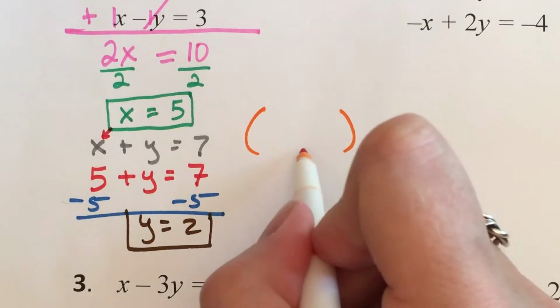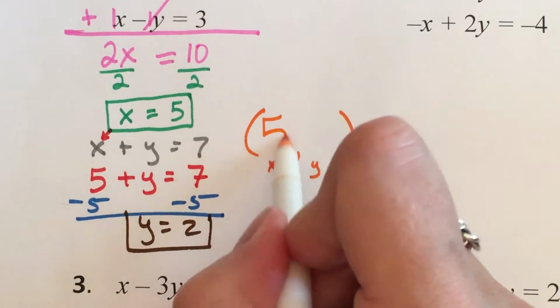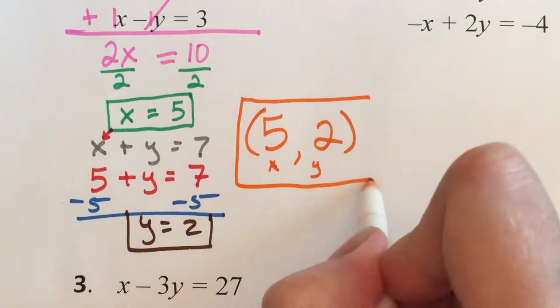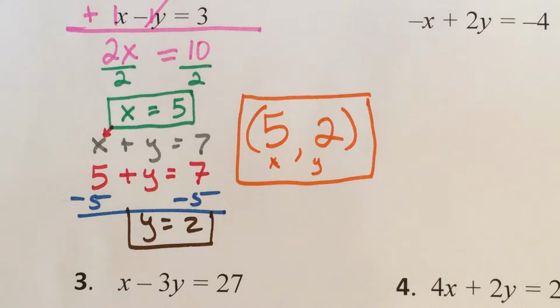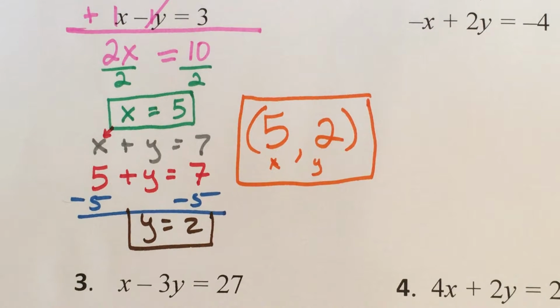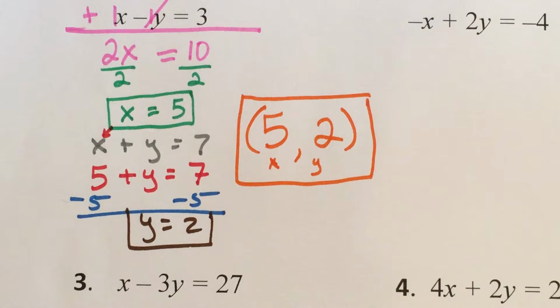Final answer, remember, is always x and then y. The x is a 5, the y is a 2. Ta-da! Done. Pretty nice. So elimination is really fast, provided your equations are in the same order when they get started. That's when you want to use this.